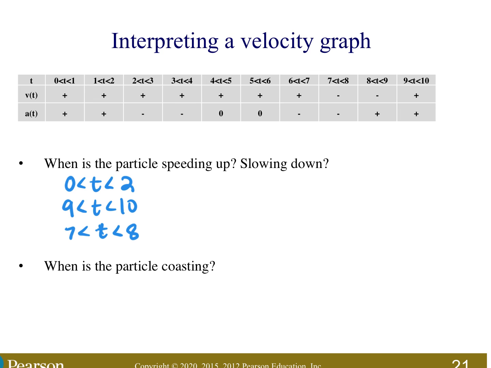Let's compare that to slowing down. Julie, you want to try that? When will it be slowing down? Anything more than 2 to 3? Let's combine those together and say 2 to 4. Anything else?